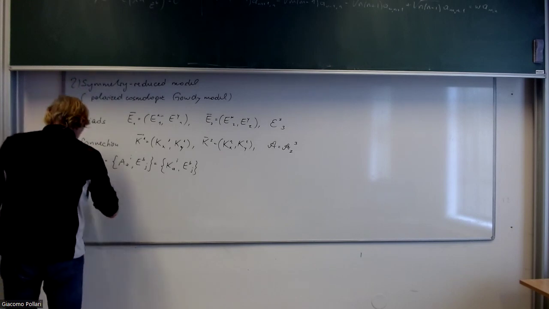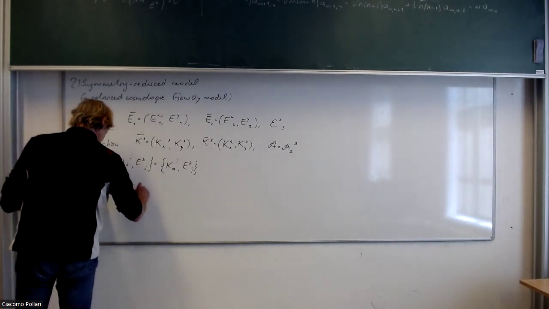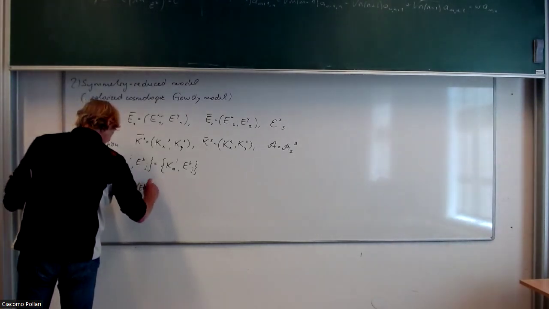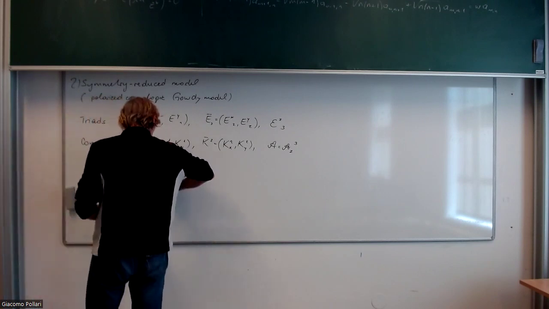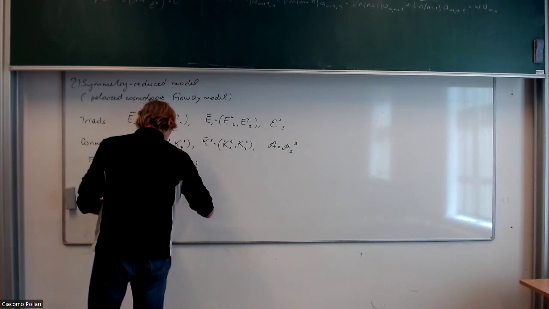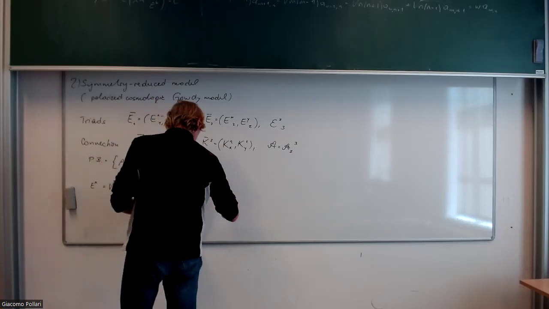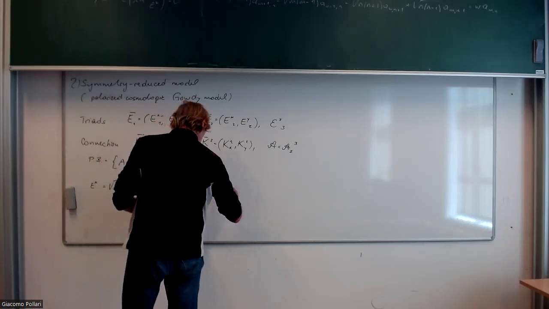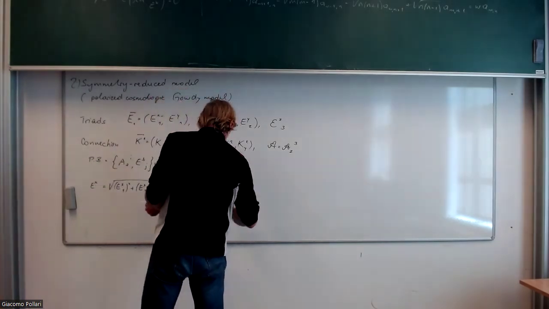So we have E_x, which is E_x^1 squared plus E_x^2 squared, and the radial parts. E_y, which is E_y^1 squared plus E_y^2 squared, and we don't change that.